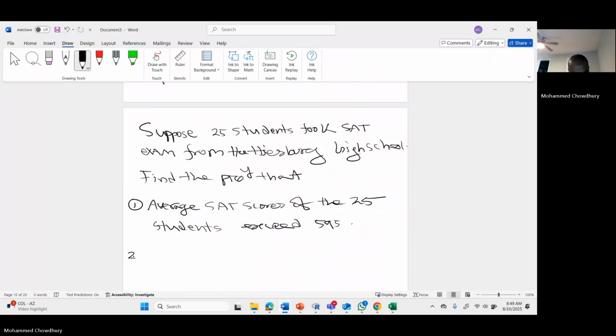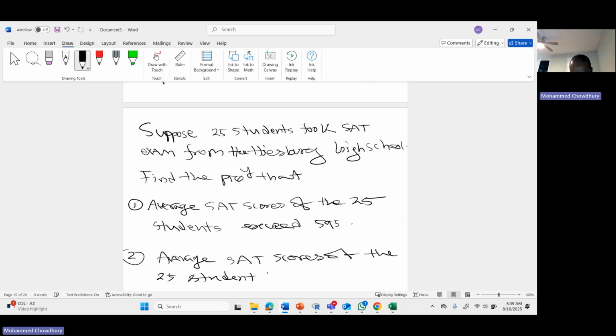Number two, the average SAT score of the 25 students is less than 600.